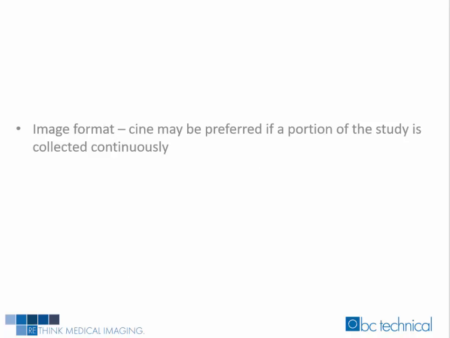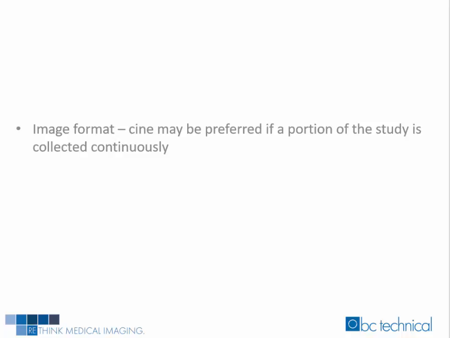If a portion of the study is acquired continuously, displaying these images in a cine format may better demonstrate the gastric anatomy. This is useful for certain conditions: in the evaluation of esophageal reflux, to evaluate whether there is an overlap of small bowel in the gastric region of interest, and also to evaluate possible movement of the gastric contents outside the drawn region of interest.